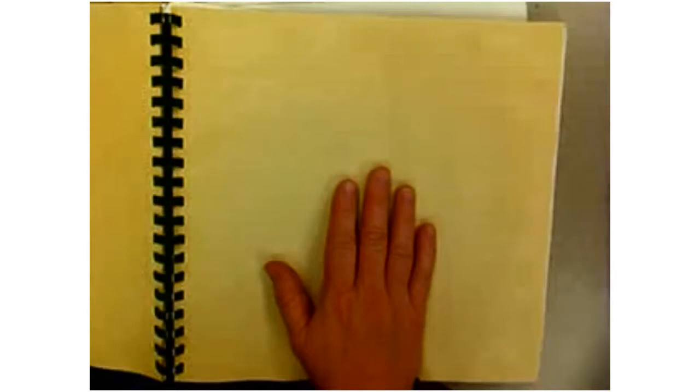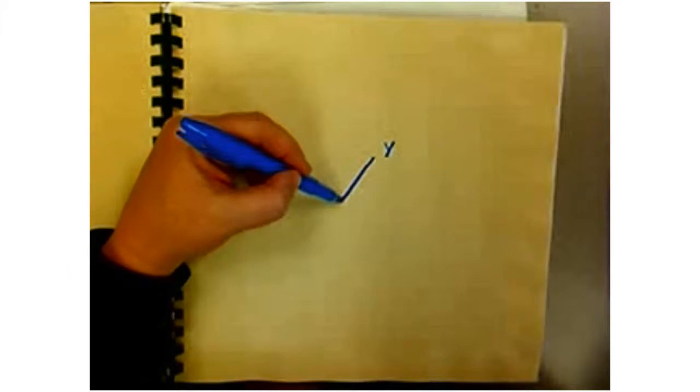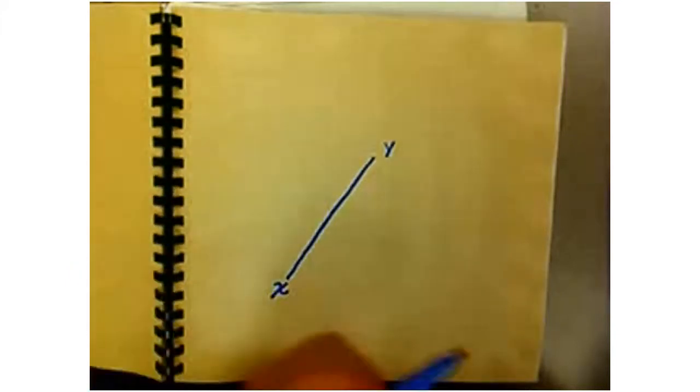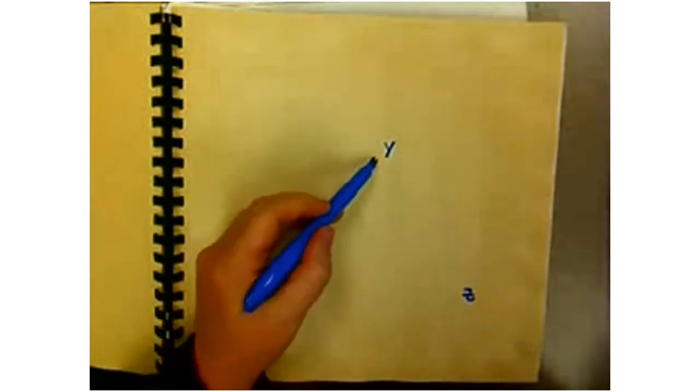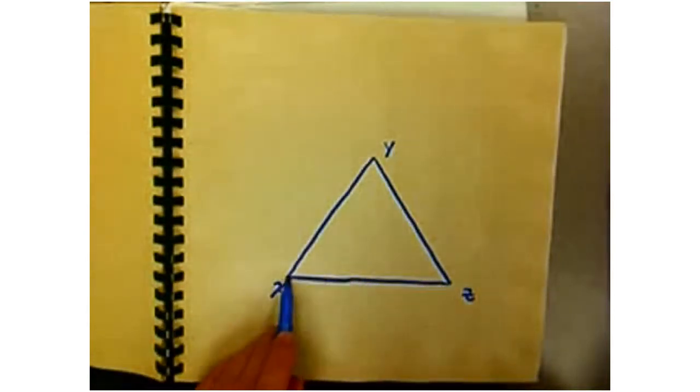Print users, we're looking at the drawing immediately below that paragraph of information. So we have a drawing with Y as the top vertex, and then the bottom vertex to the left is X, and to the right, the bottom right, is Z. So we have X, Y, Z as our triangle here.